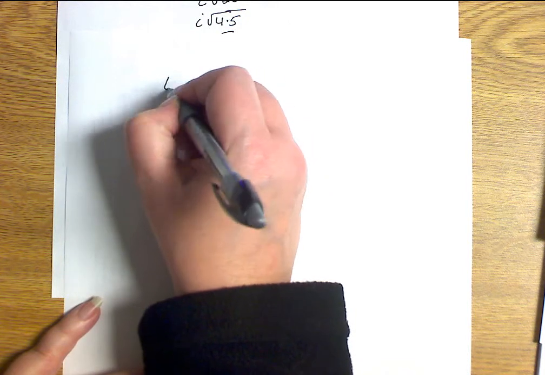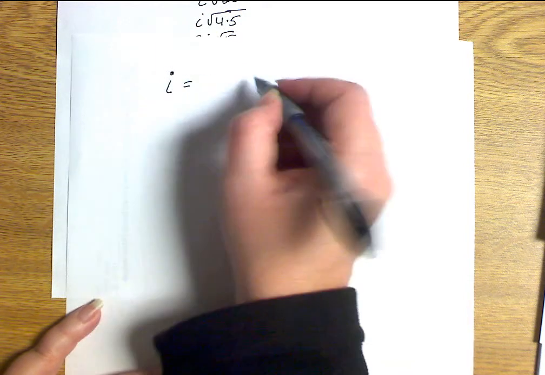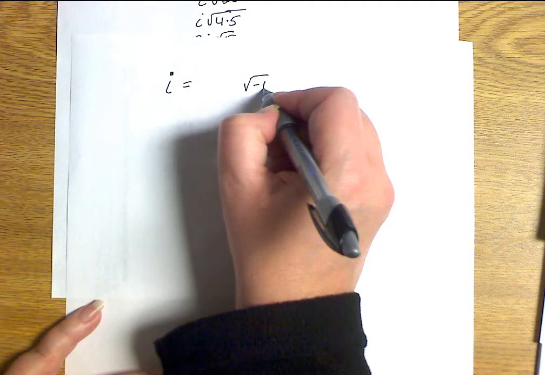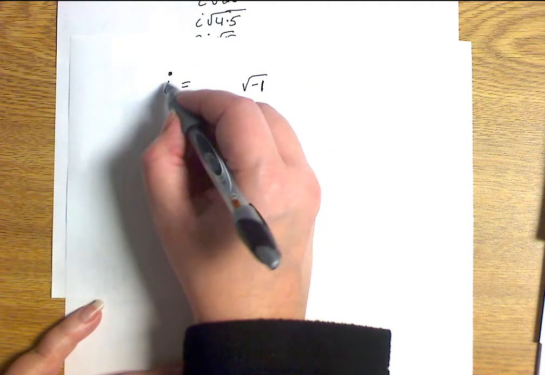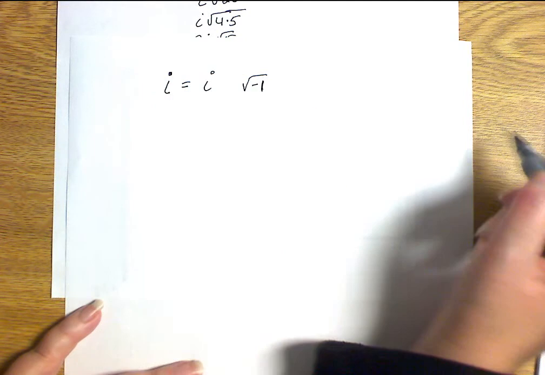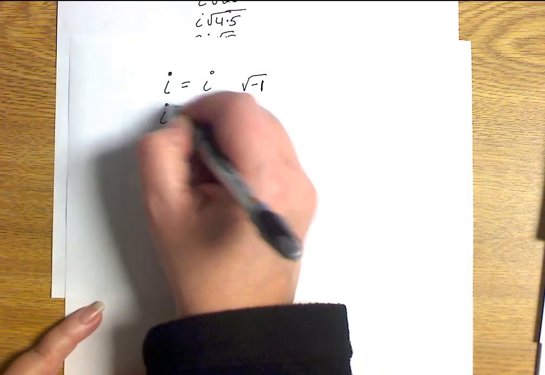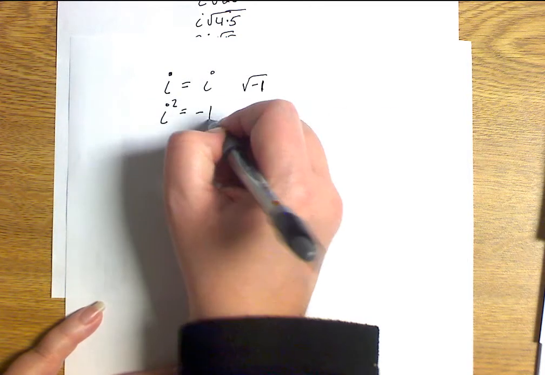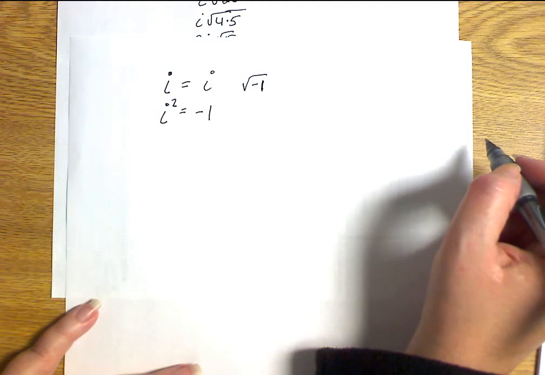Remember that i is equal to the square root of negative 1. But we also say that i equals i. We also said that i squared equals negative 1. Watch this, because this is the last part you have to make sure you understand about imaginary numbers.